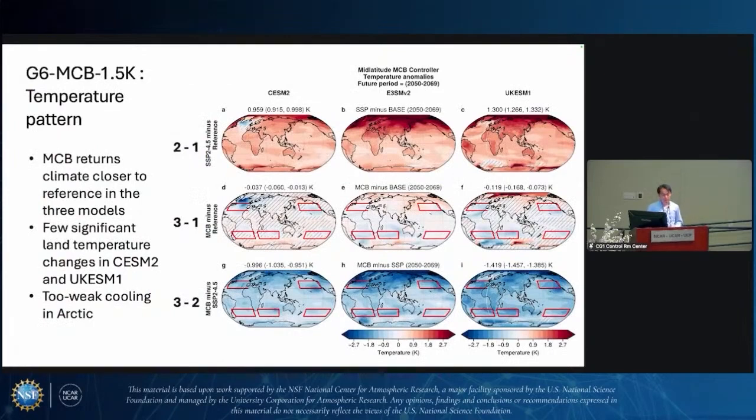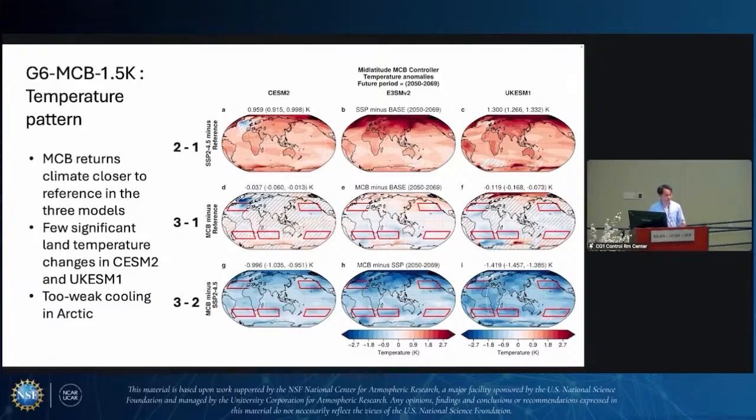So when we take a look at the actual temperature patterns we get, on the top I'm showing the SSP 245 temperature anomalies. In the middle, this is the anomalies in the MCB simulation, so this is greenhouse gases plus MCB, and then on the bottom, this is just taking the MCB signal. And so you can see that, for CSM and UKSM, I've computed the statistics.